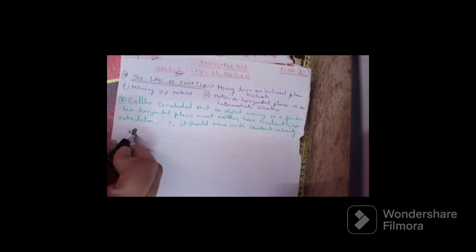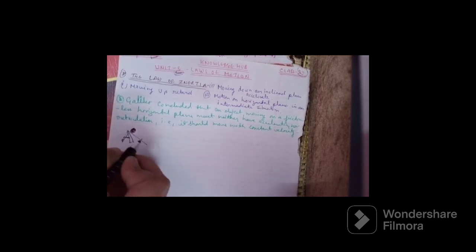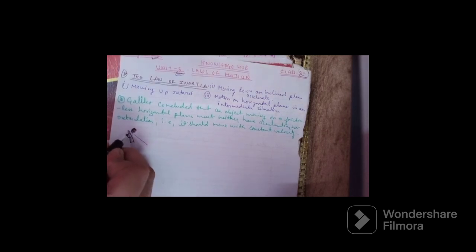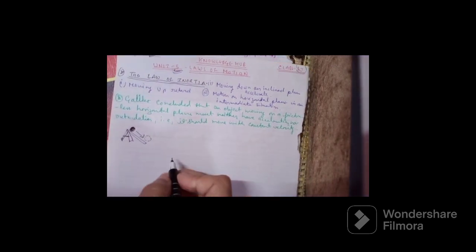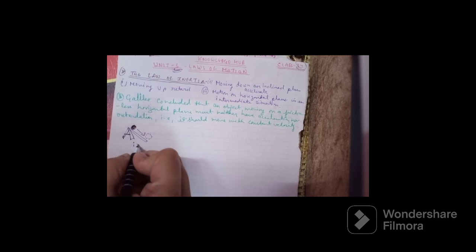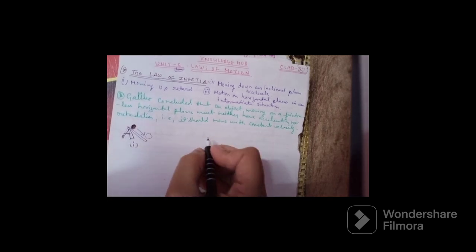This is a ball. If it is on an inclined plane, it will go downward. This is the first one, and then another.